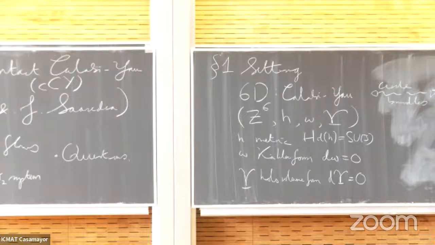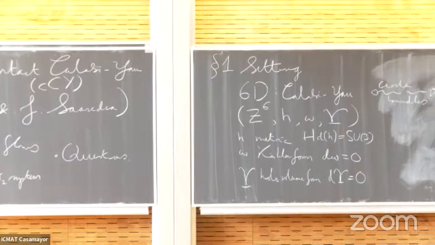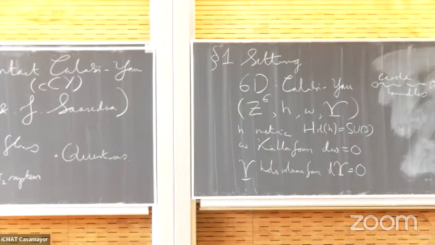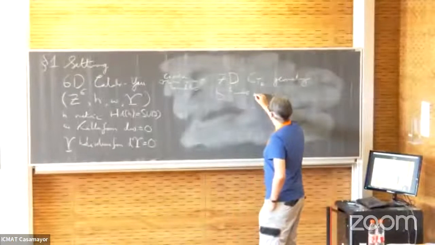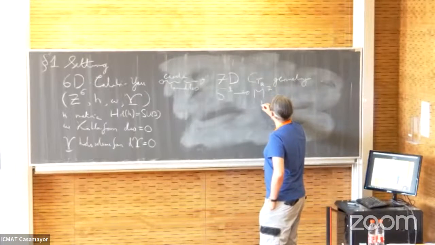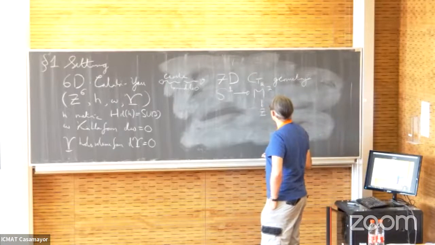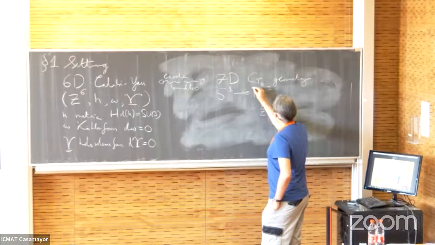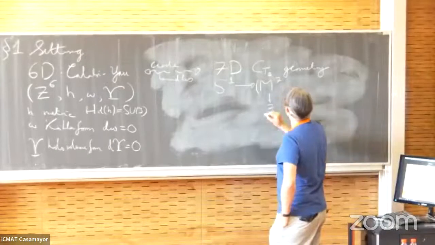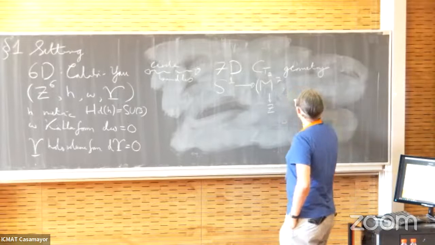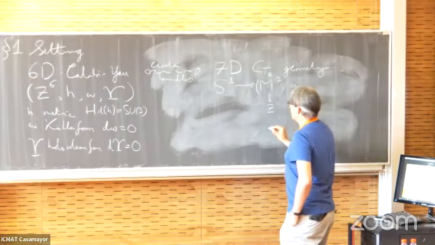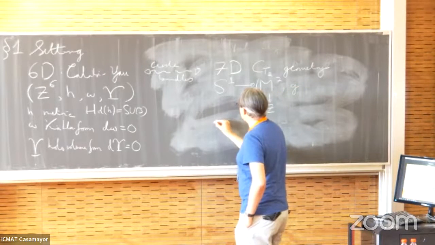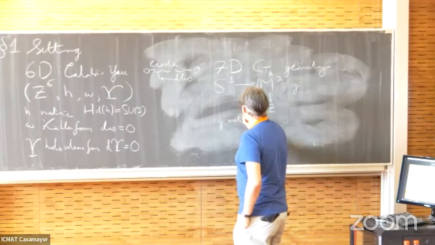Okay. So what do we have on the 7-dimensional side? Well, we're going to have a circle bundle, as I said, over this Z. And this is going to have a bunch of data on it. So it's going to have g. g is going to be a metric.